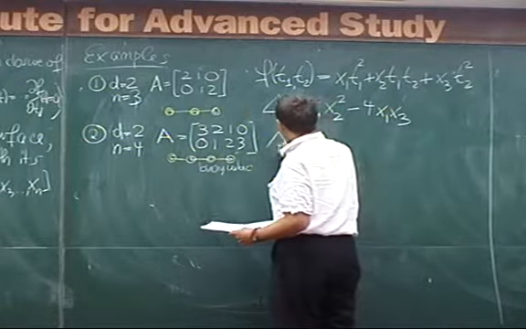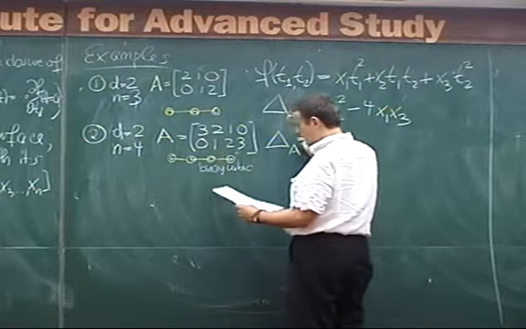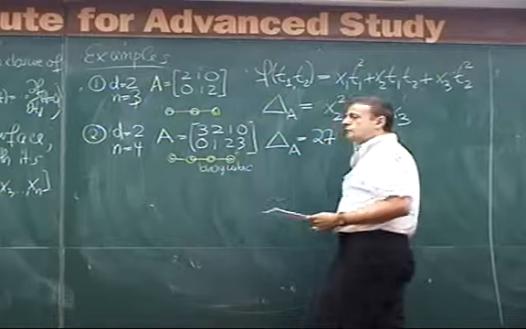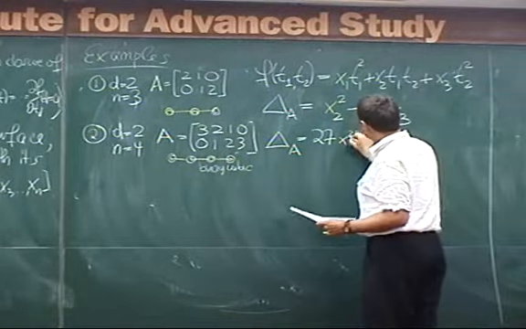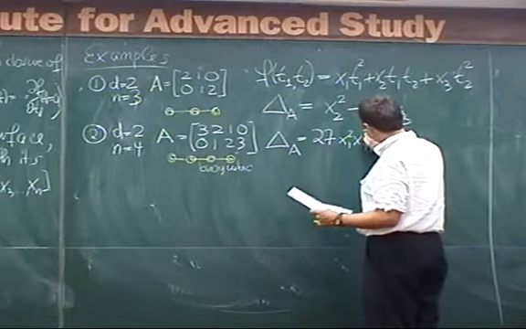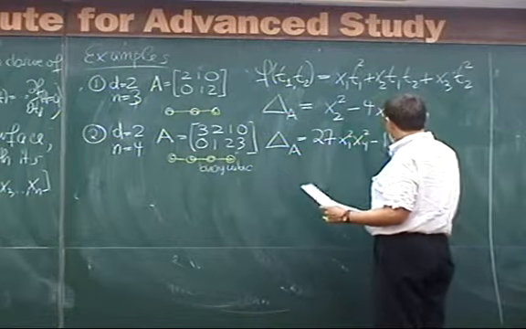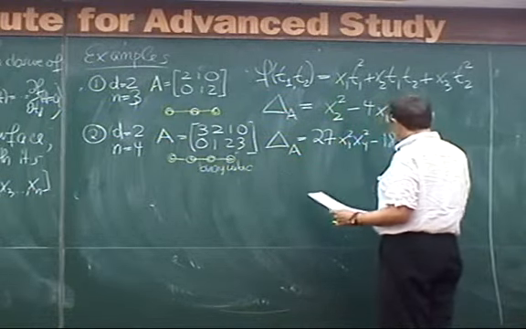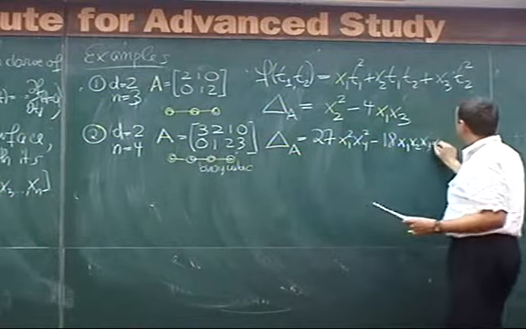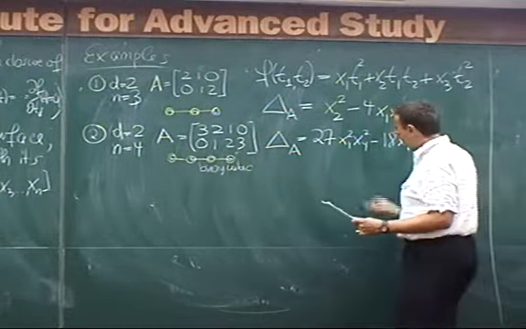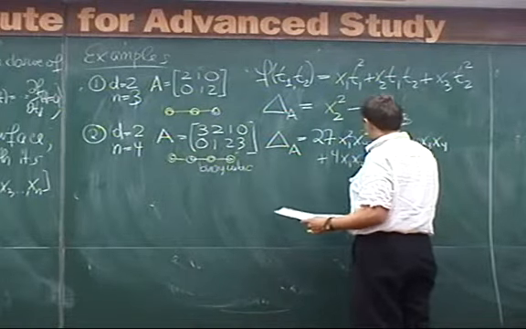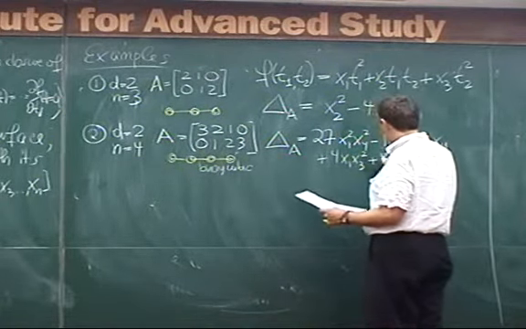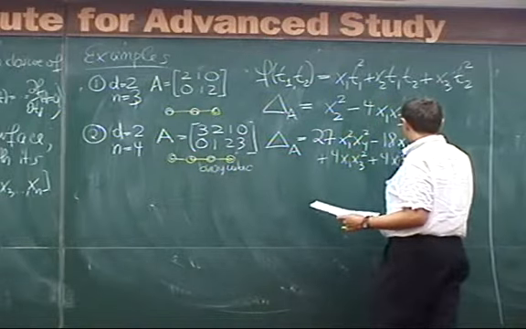And the discriminant is the following irreducible polynomial. This is unique up to sign. So it's 27 x1 squared x4 squared minus 18 x1 x2 x3 x4 plus 4 x1 x3 cubed.